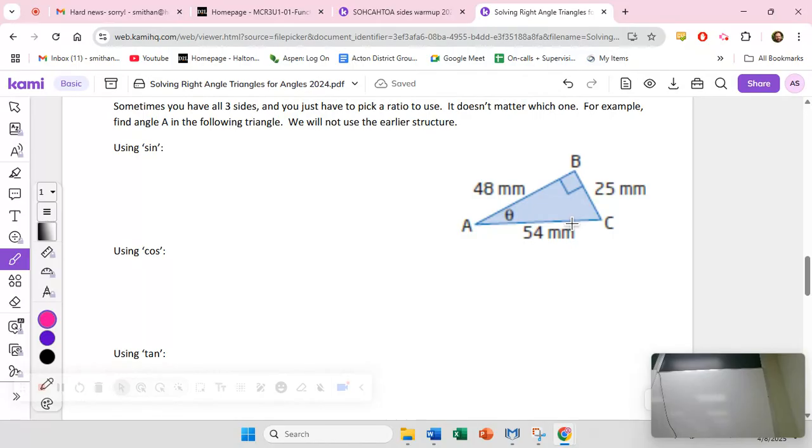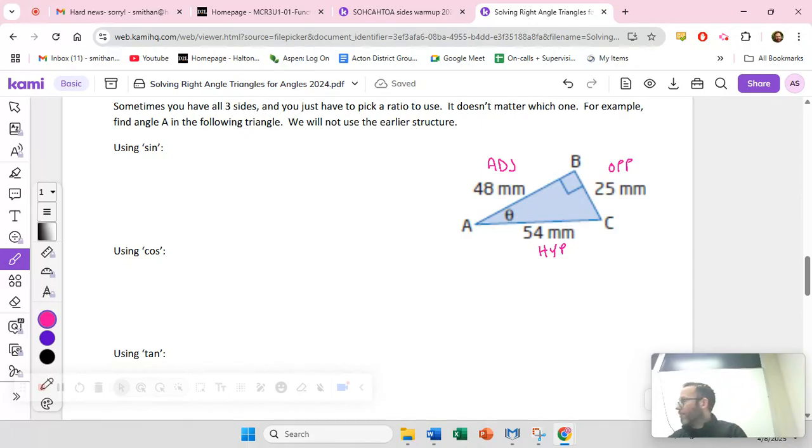That is what I'm trying to convince you of here. Can you guys convince yourselves that we get the same angle using sine or cosine or tan? This exercise is just to establish that idea. We should get exactly the same thing.